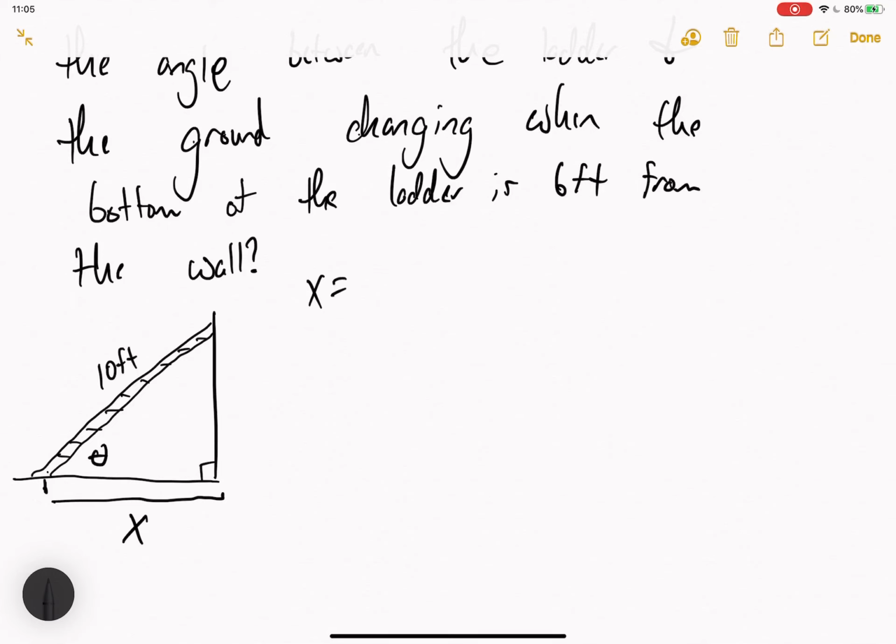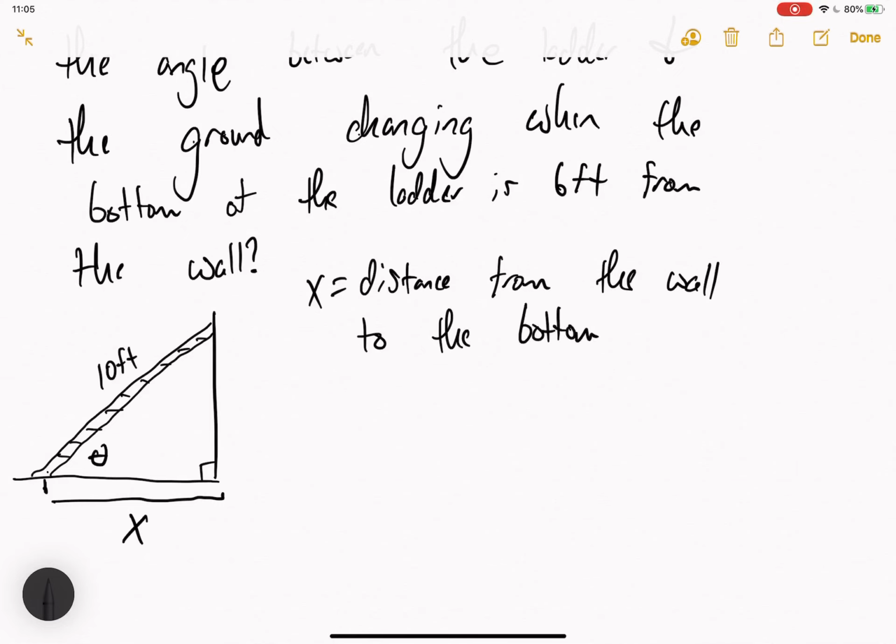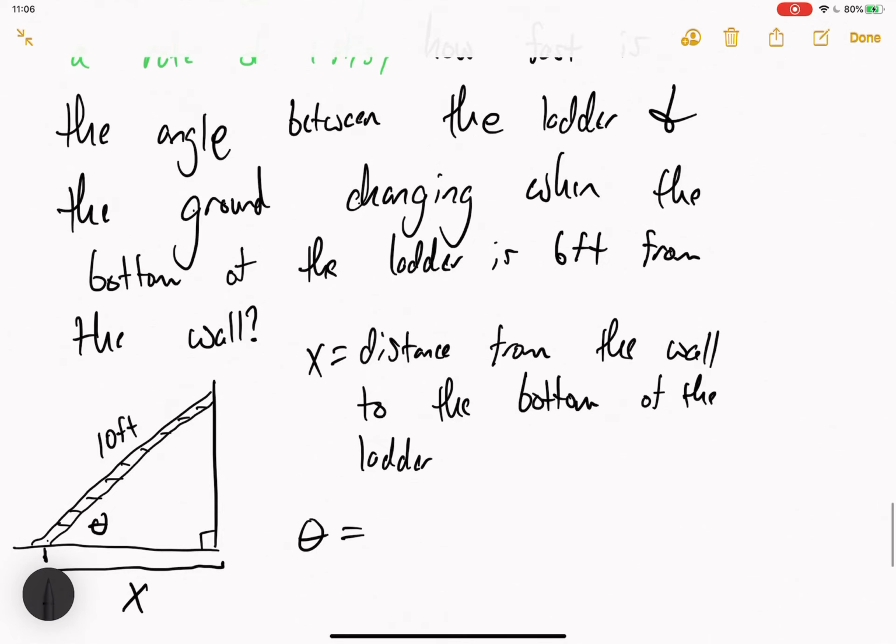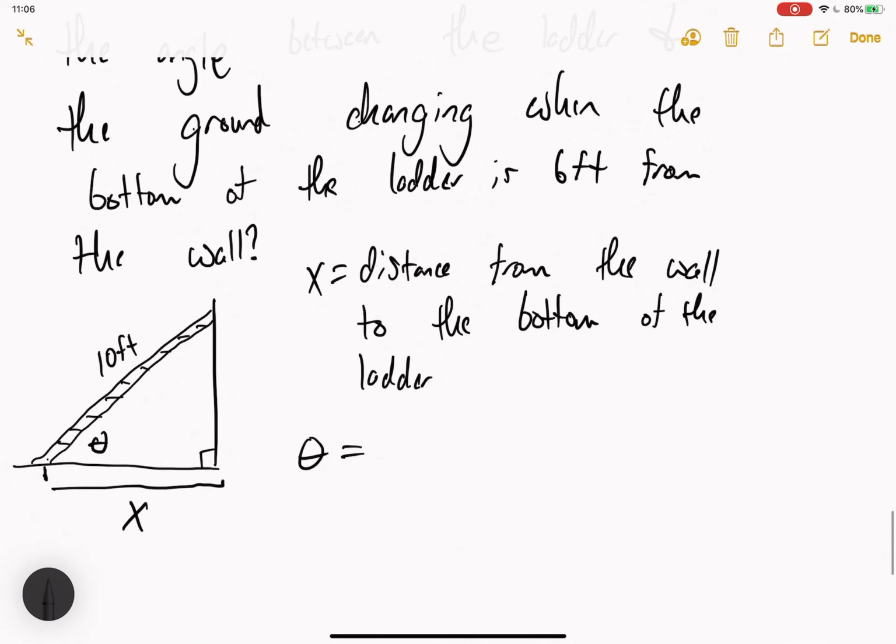So x is going to be the distance from the wall to the bottom of the ladder. Theta is going to be the angle between the ladder and the ground.